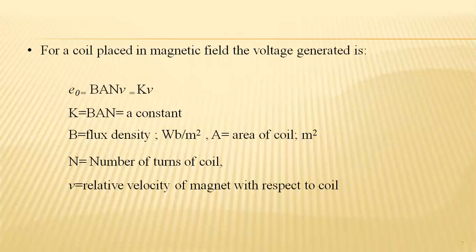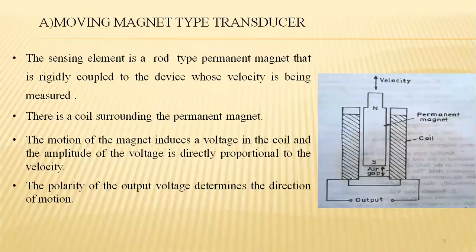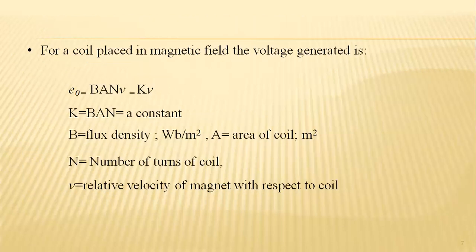Hence, the flux density, the area of the coil, and the number of turns of the coil are constant. And hence, the relative velocity is the clear-cut variable here. The motion of the magnet induces a voltage in the coil, and the amplitude of the voltage is directly proportional to the velocity. Hence, the other terms are constant. There are no flux density changes, area changes, or changes in the number of turns.